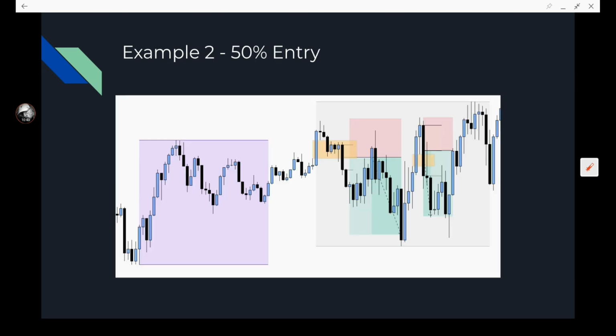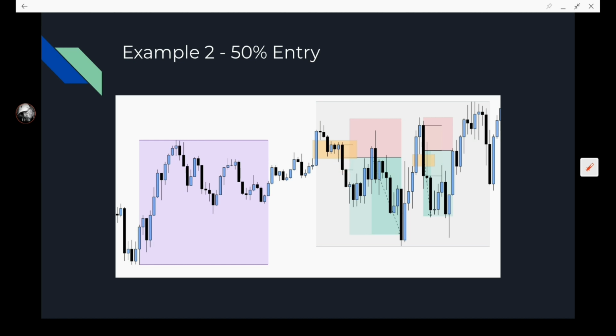Example 2, the 50% entry. You can basically see that we have the 9 p.m. candle's high and the 9 p.m. candle's low. Then price decided to manipulate the highs right here. We have a singular fair value gap. We have a clear swing point there.